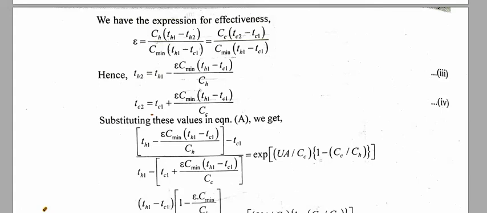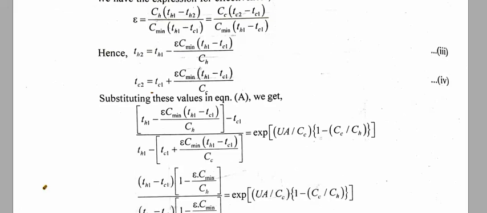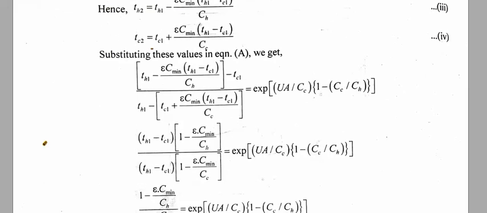Hence Th2 is equal to Th1 minus effectiveness times C minimum (Th1 minus Tc1) by Ch, and second, Tc2 is equal to Tc1 plus effectiveness times C minimum (Th1 minus Tc1) upon Cc.